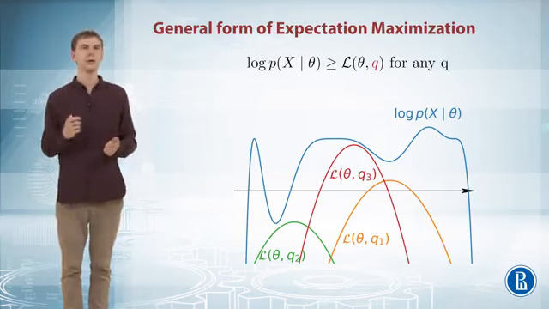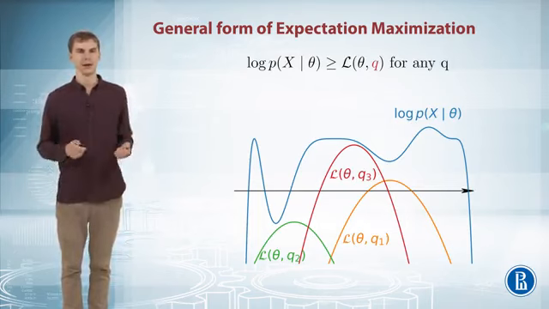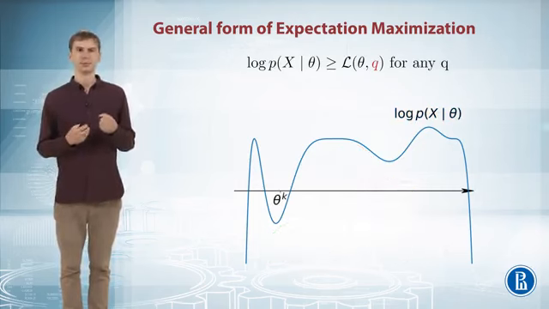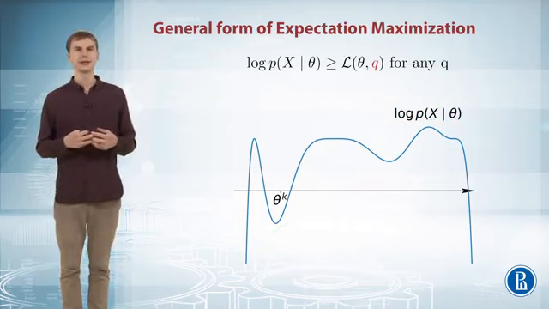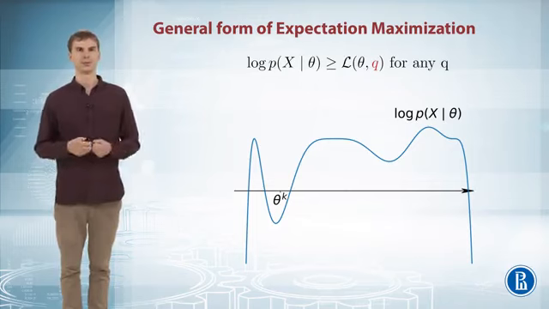So how can we use this family of lower bounds in practice? Well, let's use this kind of iterative approach. Let's start with any point theta k. So it's the point from the previous iteration or maybe from initialization, and let's try to improve it in one iteration.